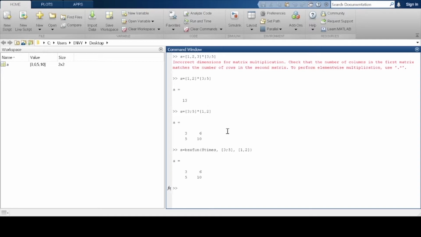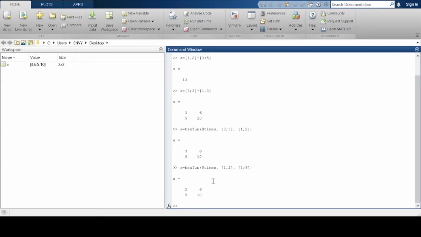So we see that we get the same result, which gives an outer product of a matrix. And even if we reverse the order, we see that we get the same result.